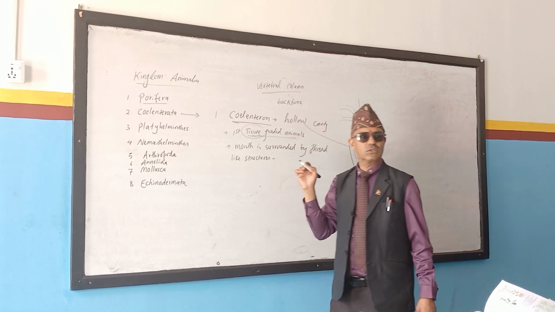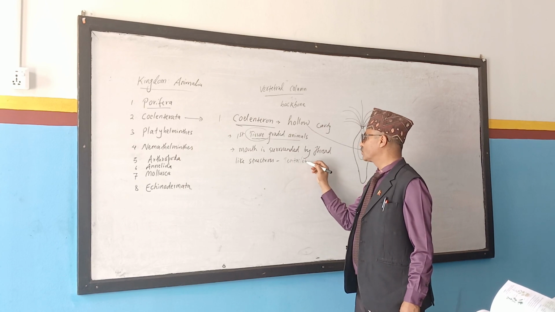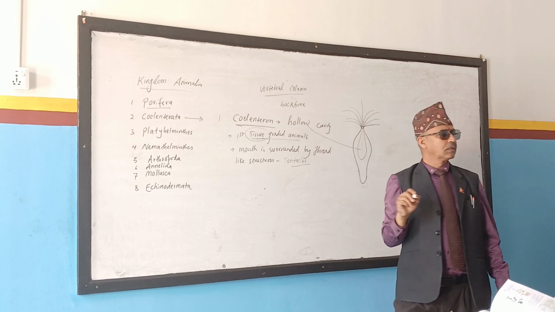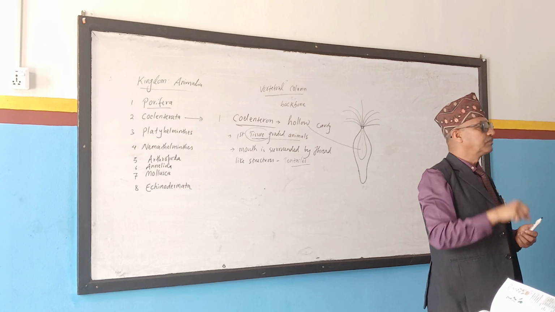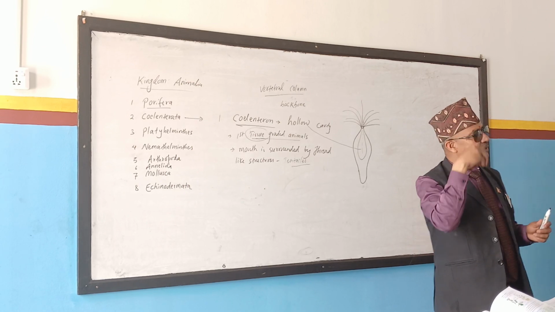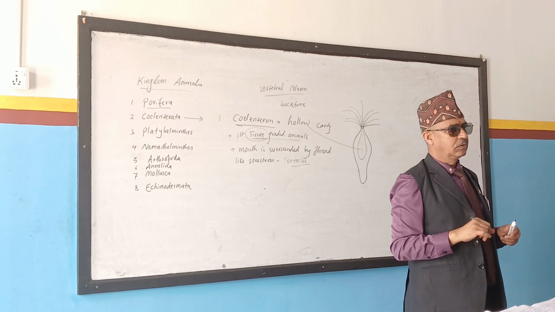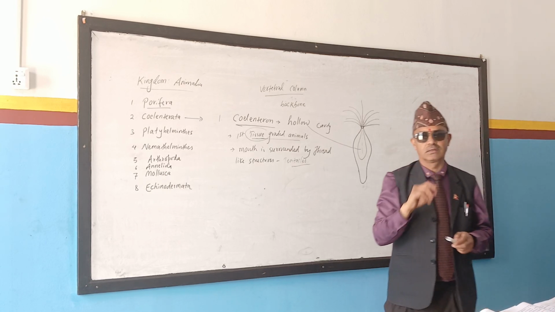What are those thread-like structures called? Tentacles. What do the tentacles do? They capture food, number one. What is the function of tentacles? They capture food and put in mouth. Number second, they help in locomotion also. Moving. They help in moving.